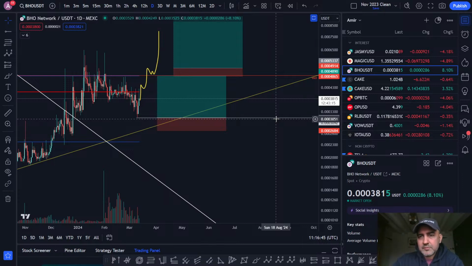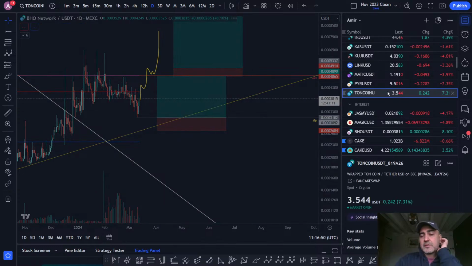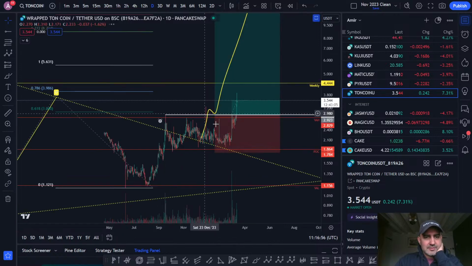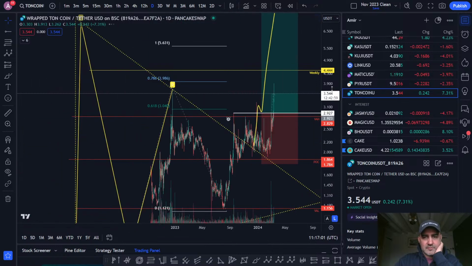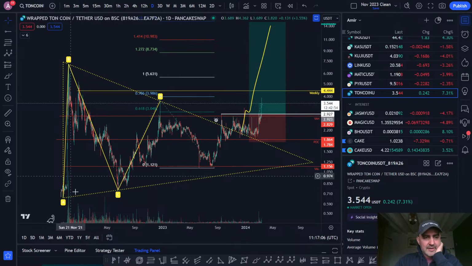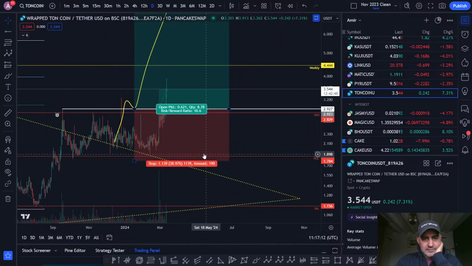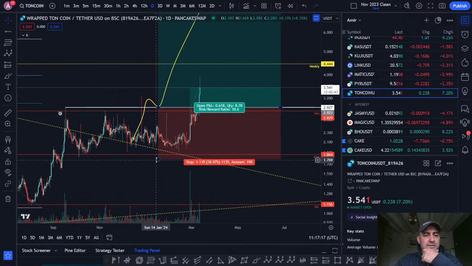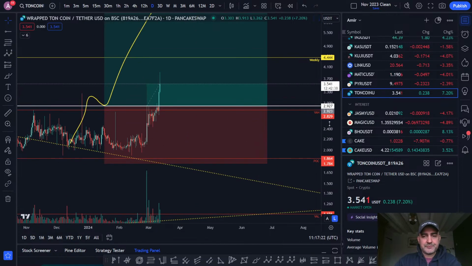All right. Let's have a look at some other things. Look at this Ton coin. Oh my god! Looks good though. I had it breaking out of this higher time frame triangle, and look. Didn't get invalidated. I didn't take the trade, but the trade is good.